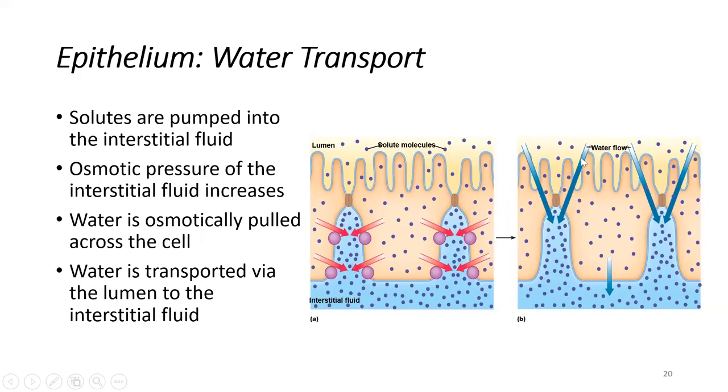And then we simply have water really eager to move now from a higher water concentration in the lumen to a lower water concentration in the interstitial environment. Another way of looking at that is from a low solute concentration in the lumen to a high solute concentration in the interstitial fluid. So we essentially create a water gradient by pumping a lot of solute into this interstitial environment.